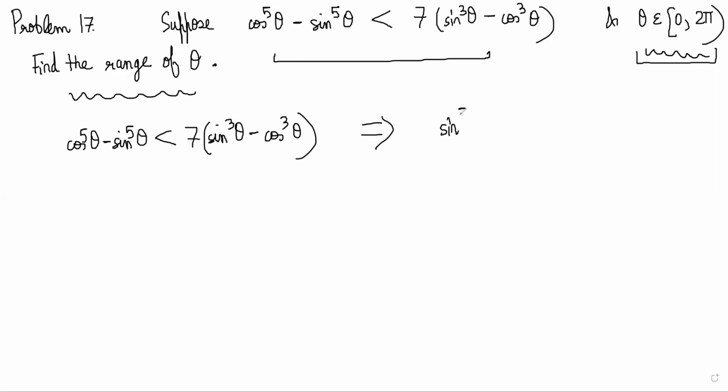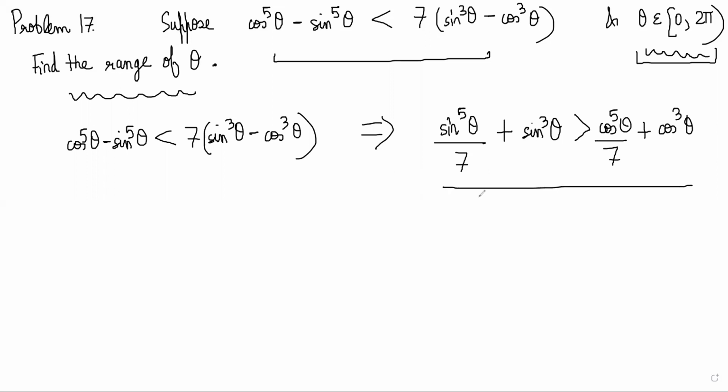You can write it like this: sin^5 theta by 7 plus sin^3 theta is greater than cos^5 theta by 7 plus cos^3 theta. So this inequality is just a restatement of the original one.